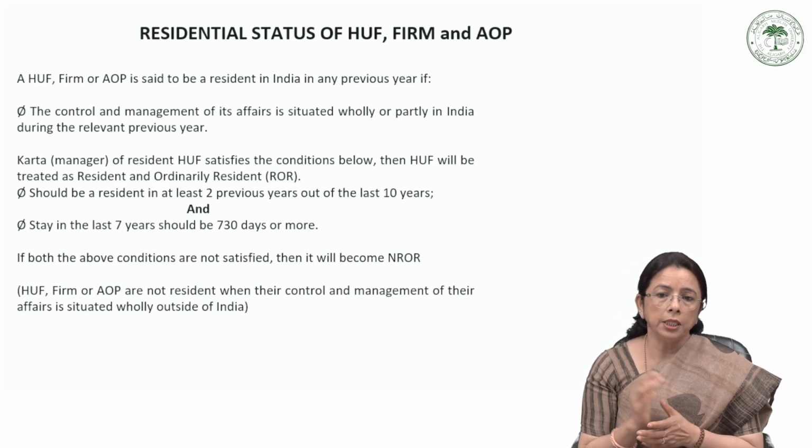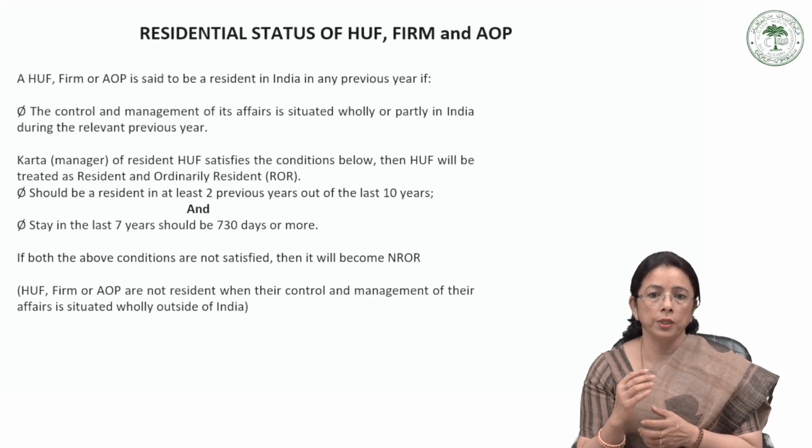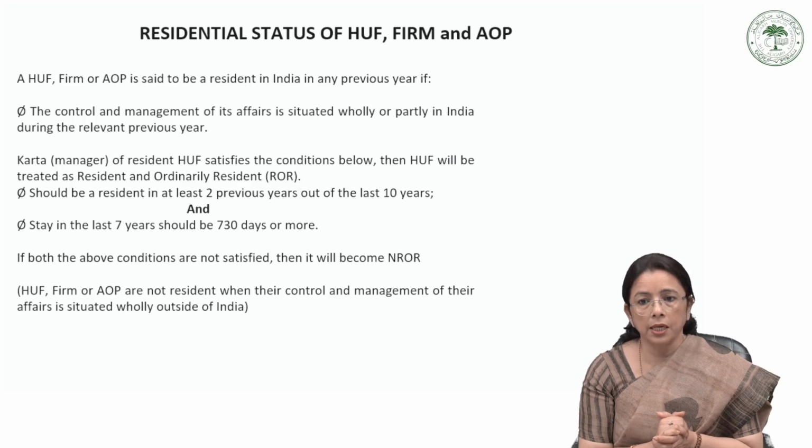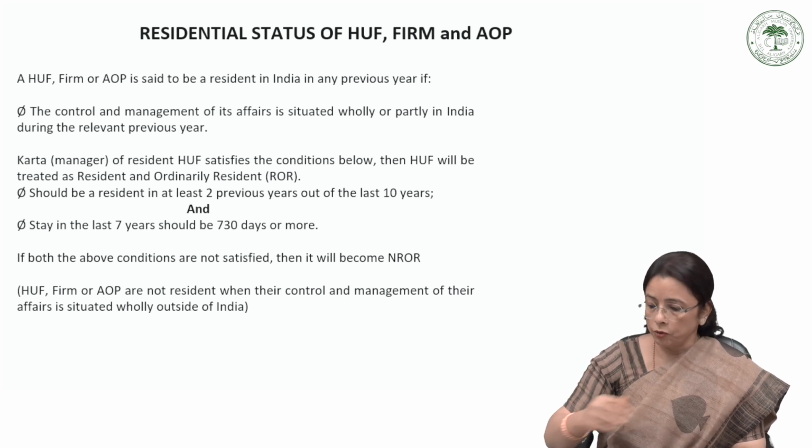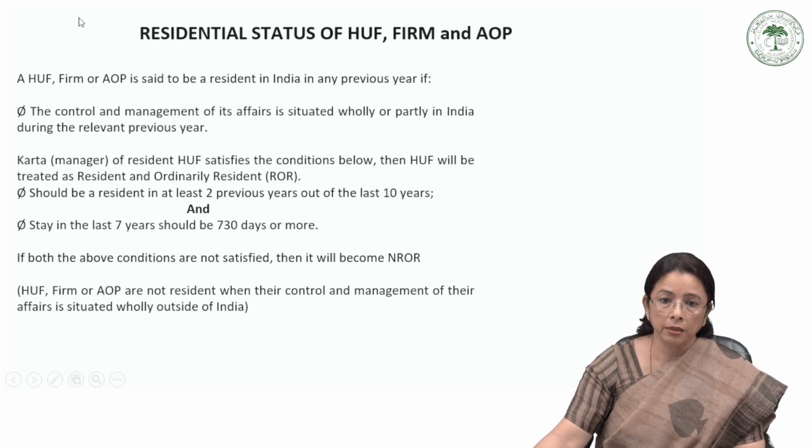These provisions deal with how such entities are categorized as resident or non-resident, and in the case of HUF, whether they are ordinarily resident, that is ROR, or not ordinarily resident. These are the sections that govern them.